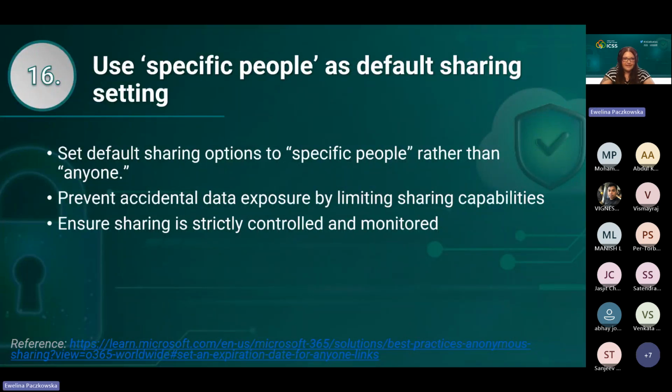This specific option forces conscious data sharing decisions instead of accidental organization-wide leaks, for example. You can prevent that data exposure by setting limited sharing capabilities. How would you go about doing that?